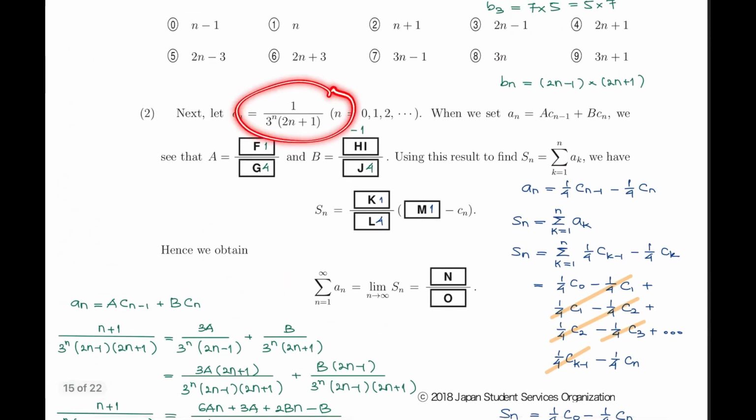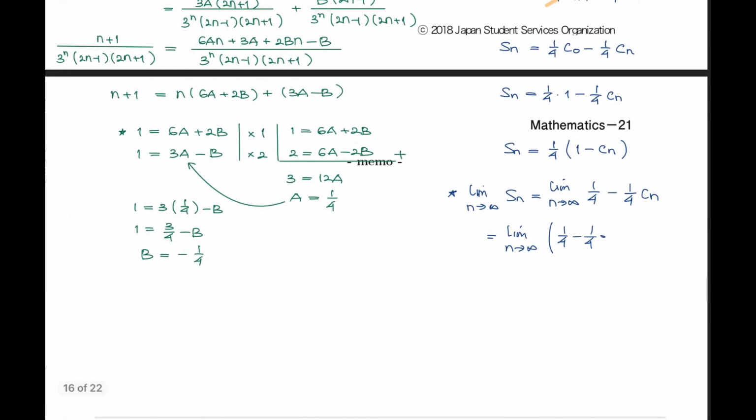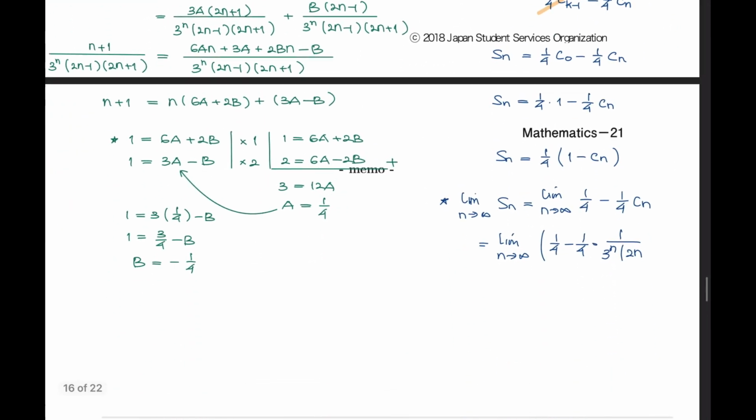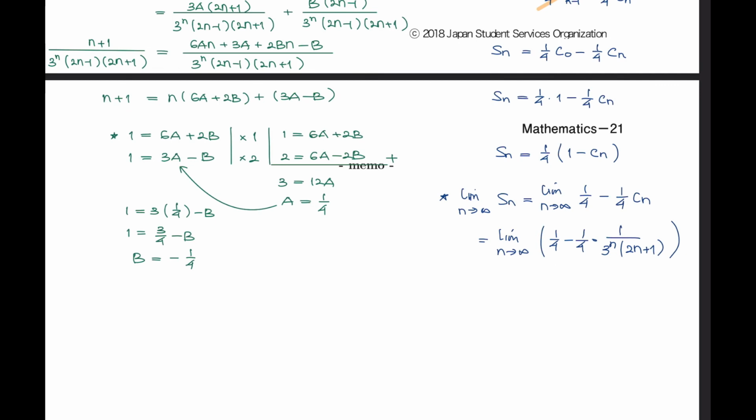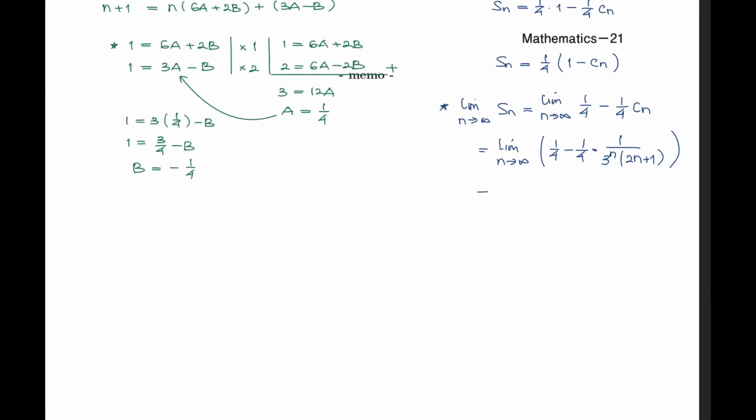They already gave us the Cn. Cn is 1 over 3 to the power of n times 2n plus 1. By substituting n with infinity, we will get the result of that limit. I will get 1 over 4 minus 1 over 4 times 1 over 3 to the power of infinity, times 2 times infinity plus 1.